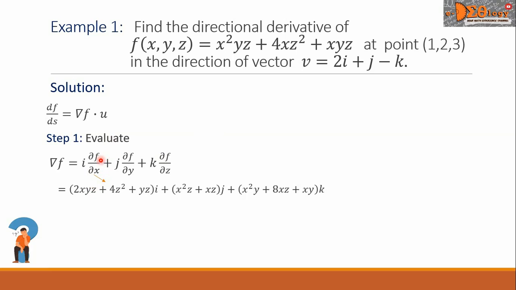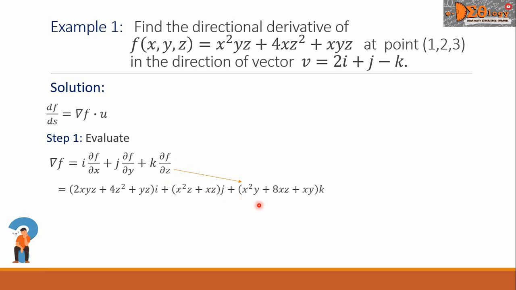So the partial derivative of f with respect to x is 2xyz plus 4z squared plus yz. This quantity is multiplied by i plus partial derivative of f with respect to y, that is x squared z plus xz. The quantity is multiplied by j plus partial derivative of f with respect to z.